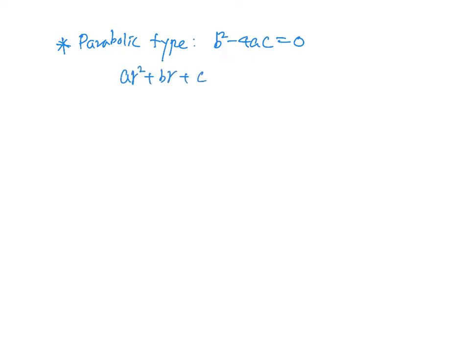Okay, let's go to the parabolic type. B squared minus 4ac is equal to 0. That means we have a double root. So a r squared plus b r plus c equal to 0 gives some lambda.